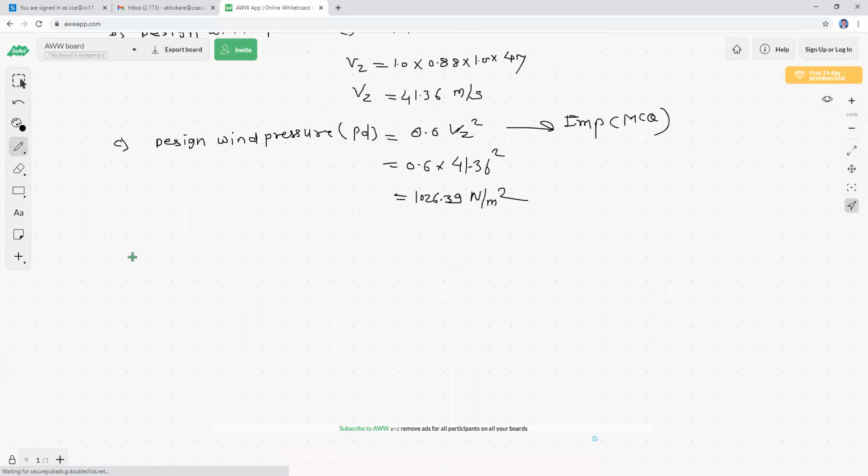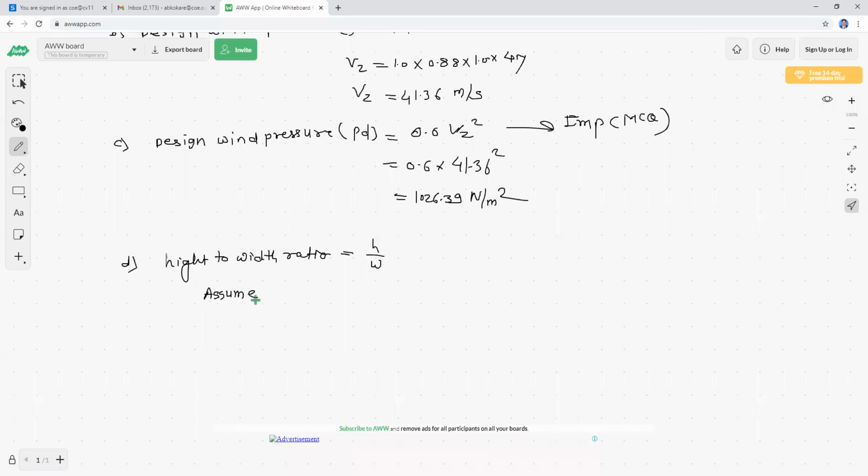Now next we have to calculate the small d, the height to width ratio. Height to width ratio is nothing but h by w. Height of building is given in the problem statement. I think not given, so here we have to assume.